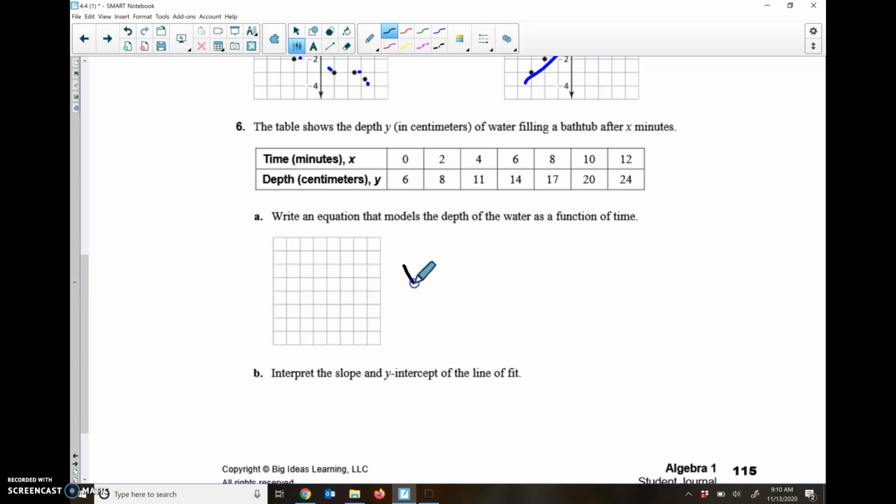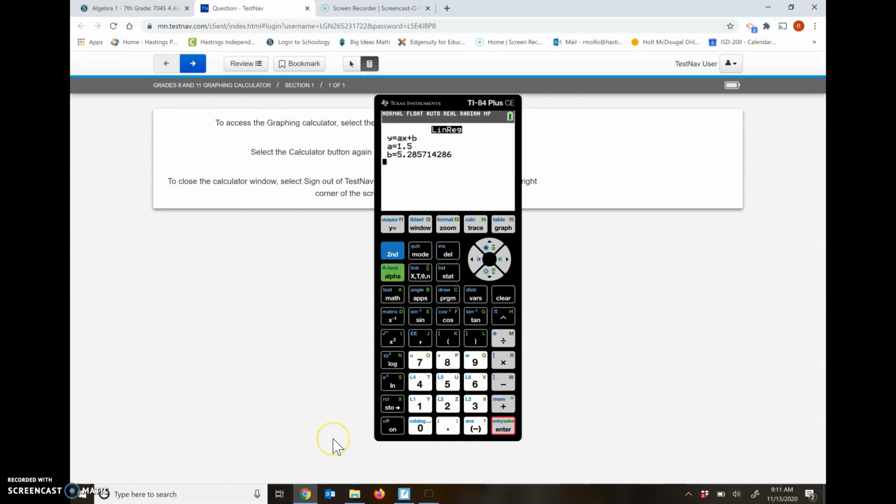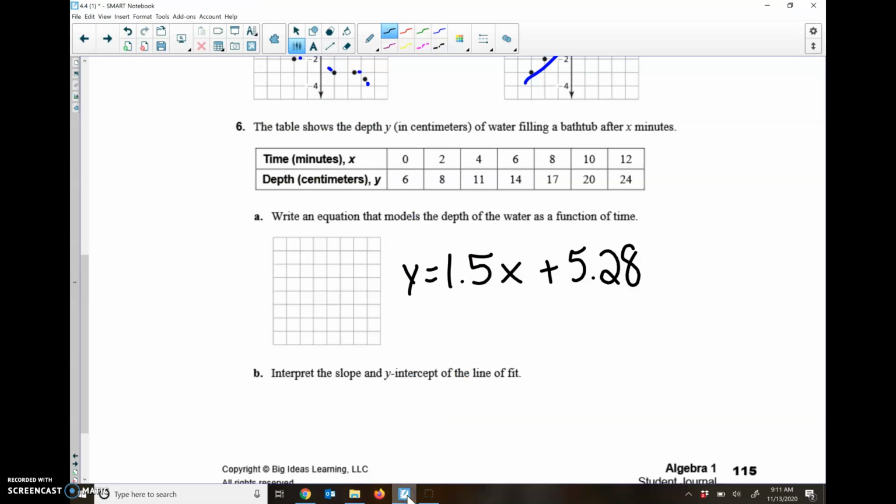The ones on your homework will tell you to round to the nearest hundredth or tenth. So I'm going to write the equation. y equals 1.5x plus 5.28. Okay, so my slope is 1.5. My y-intercept is 5.28, just like it is from here. So y equals 1.5x plus 5.28.